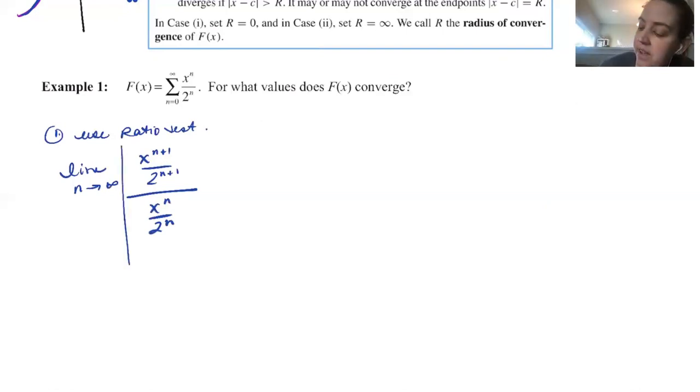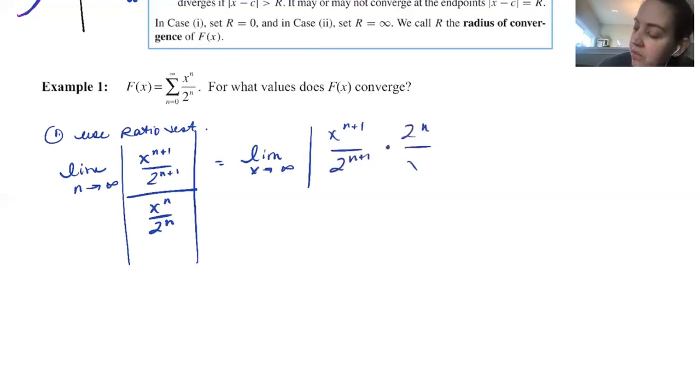So instead of dividing by a fraction, we multiply by the reciprocal: x to the n plus 1 over 2 to the n plus 1 times 2 to the n over x to the n. And then we're going to simplify.